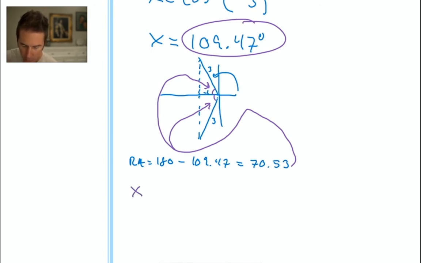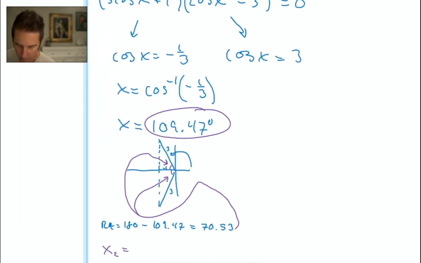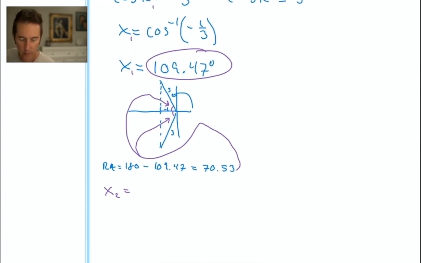x sub 2, or I don't know how you want to call this, your second solution, is equal to... We could go back and title these as x sub 1, I suppose. x sub 2 is equal to x sub 1 plus 2 of our reference angles.